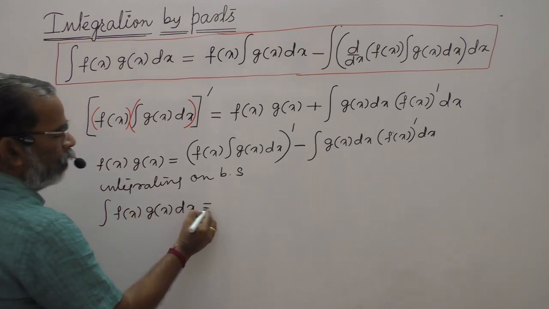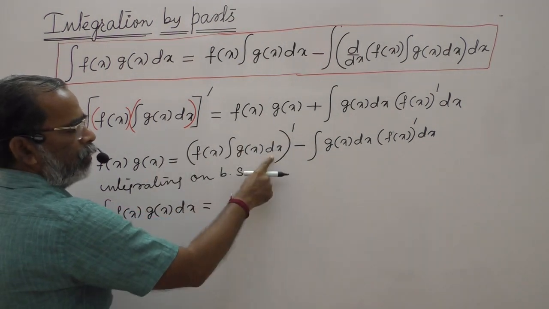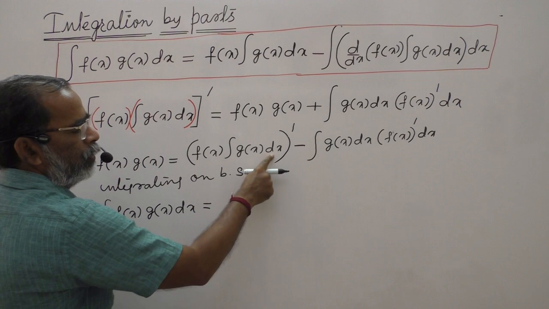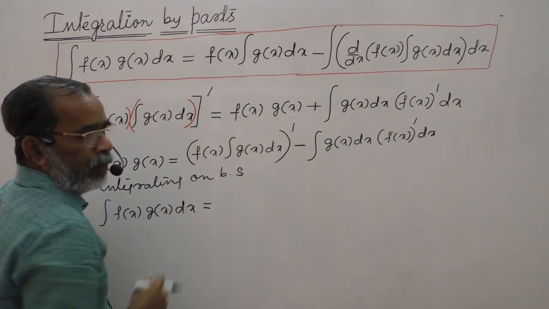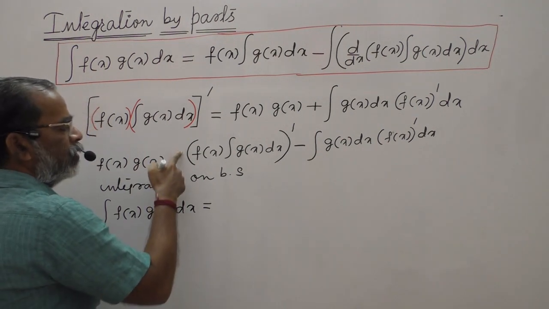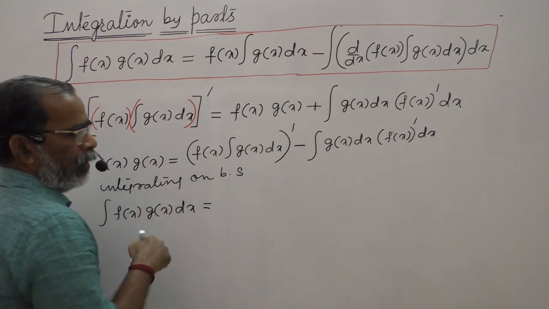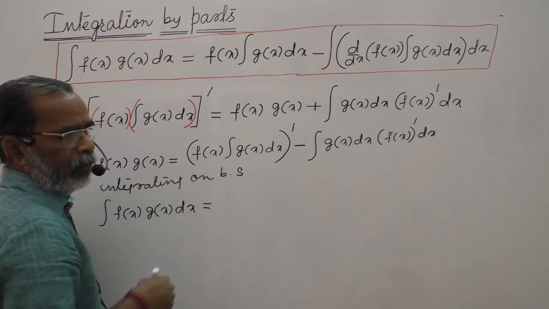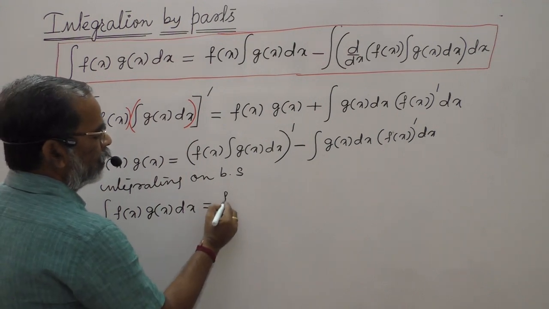Carefully, I am differentiating for this entire product, entire expression, for this entire bracket, dash is there. Dash means derivative. We are integrating, no? Integration and differentiation will be cancelled.